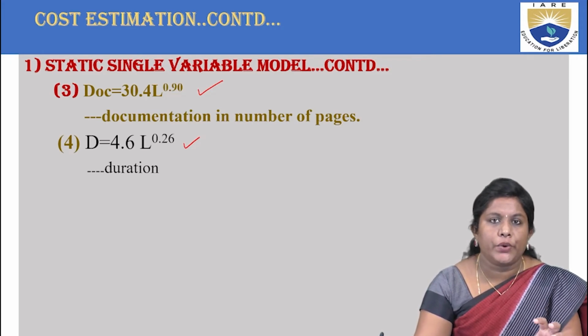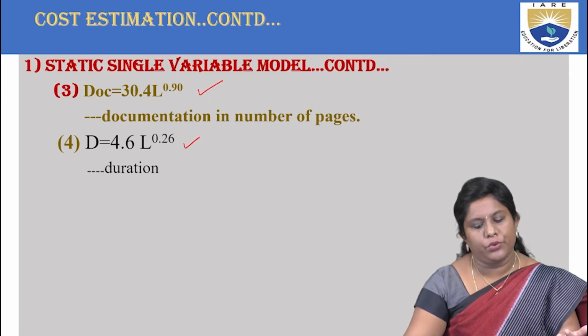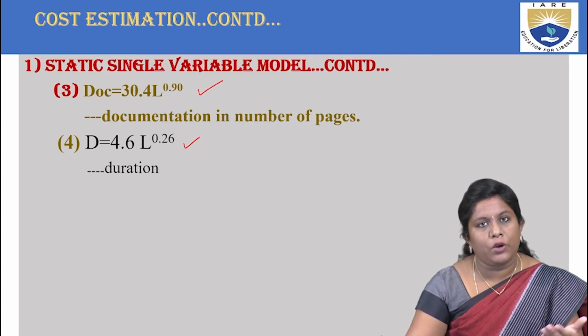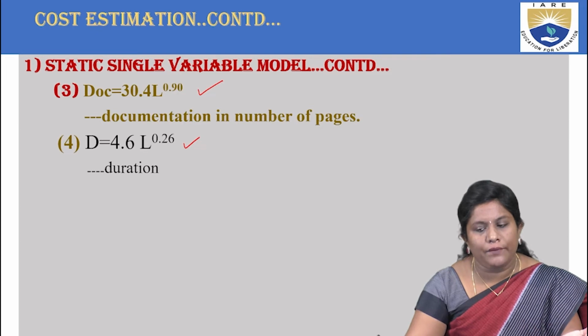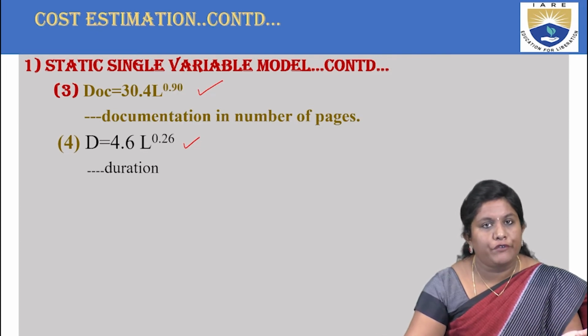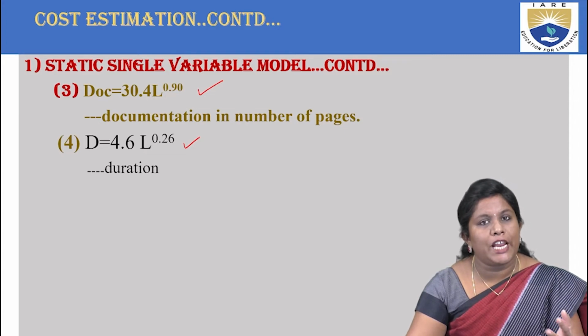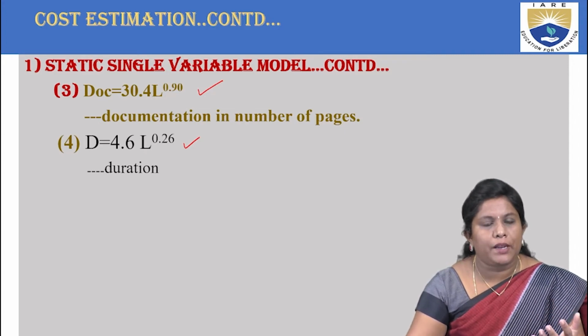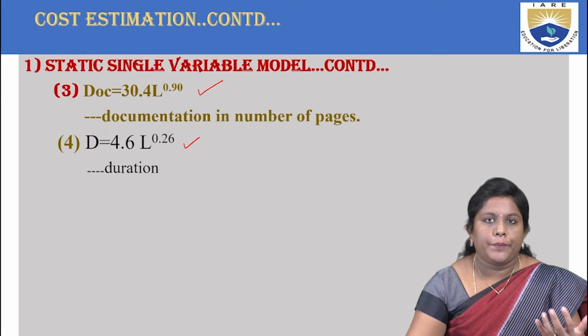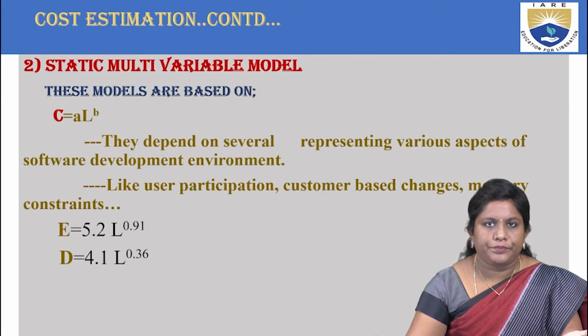This is the duration. How much time is the particular project being executed? So substituting the values given in all the above formulas, you get the relevant things. That is the cost, effort, documentation, and the duration. So these four formulas will help us to calculate the various parameters required for the project development.